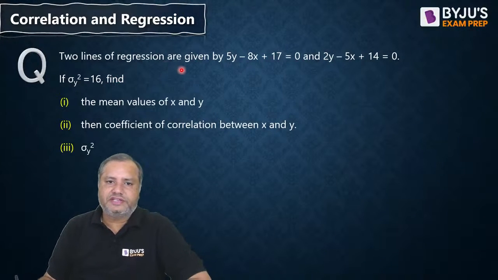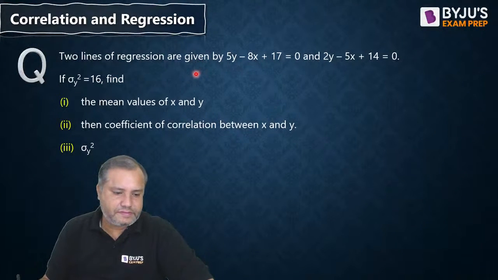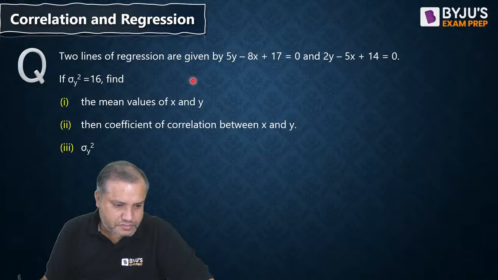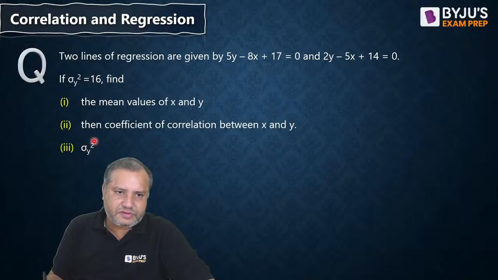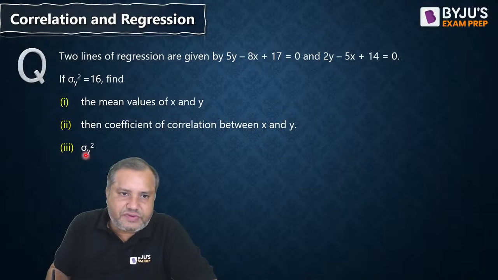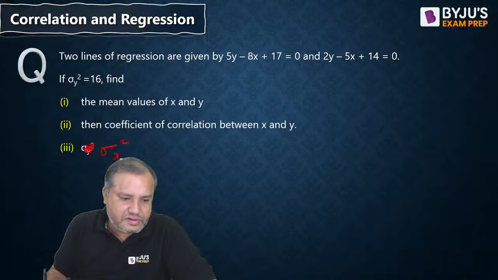Two lines of regression. Third bit is sigma y square. Actually, this should be sigma x square, ना? ये sigma x square होना चाहिए. Yes. So students, this should be sigma x square.